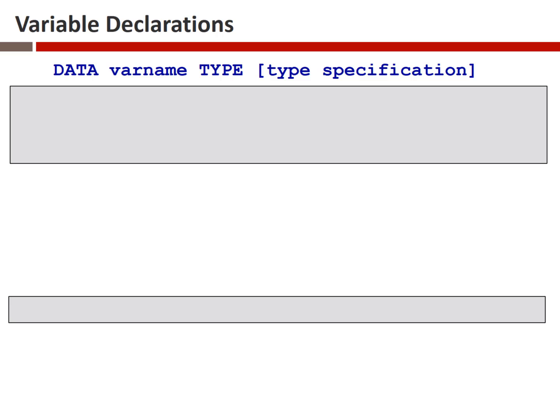So for example, if I wanted to create an integer capable of storing someone's age, data age type I, you'll recall, is a complete data type. So I don't have to specify the size. That right there is a complete declaration for that particular variable creation.